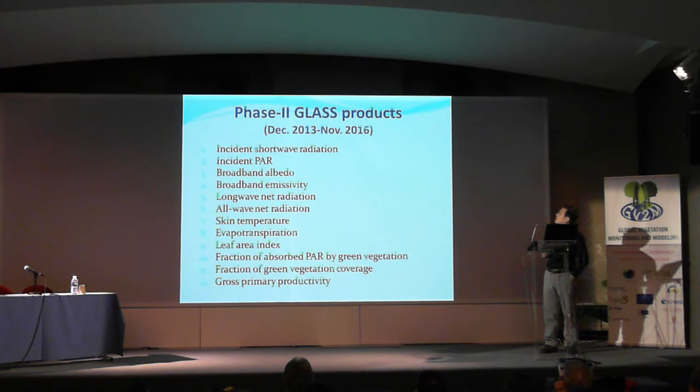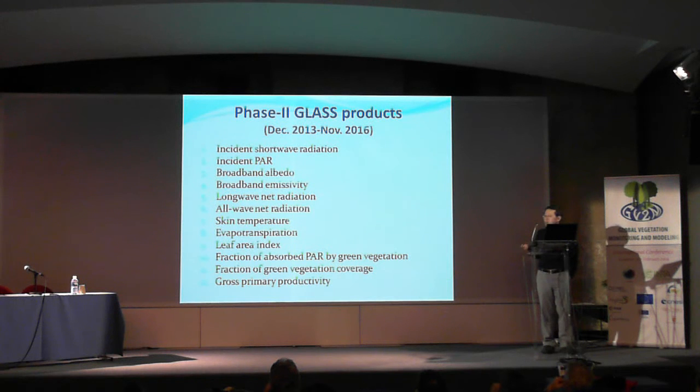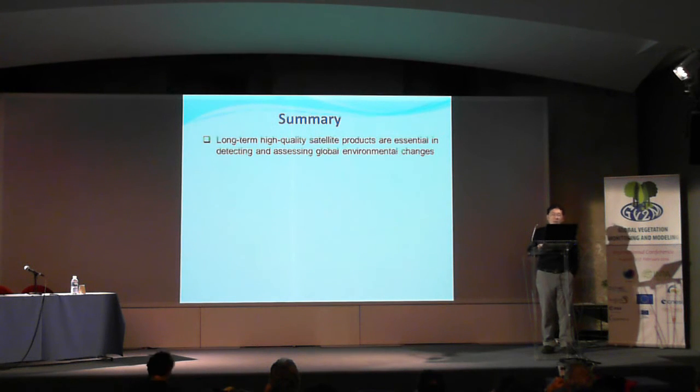And we just started a new project, the phase 2 GLASS products. Eventually we're going to generate 12 products, more surface radiation budget components, and also more vegetation parameters, like the fraction of green vegetation coverage, LAI, ET, and so on.